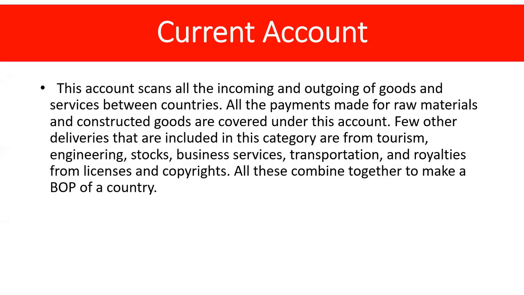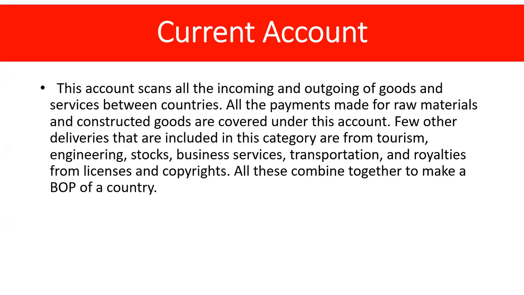The current account scans all the incoming and outgoing goods and services between the countries. All the payments made for the raw material and constructed goods are recorded under this account. It will record all the outgoing and incoming payments related to the visible items.